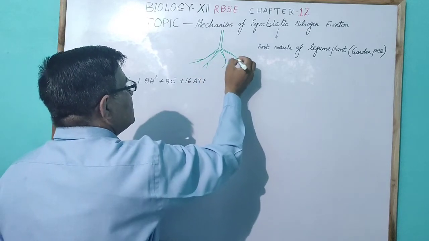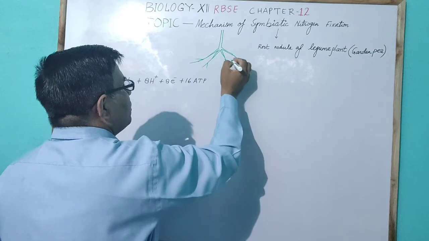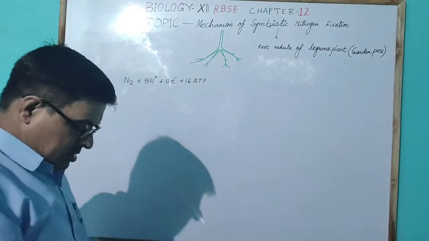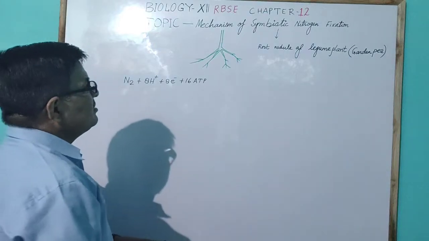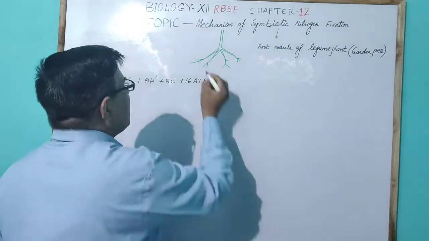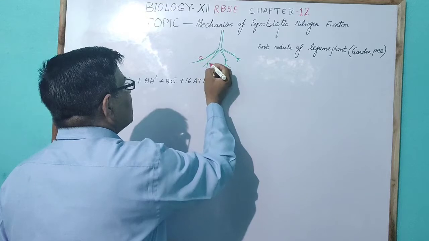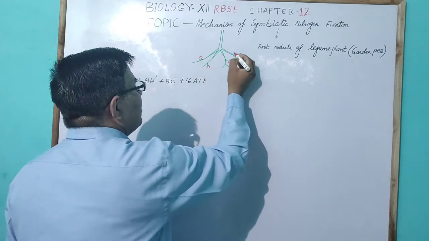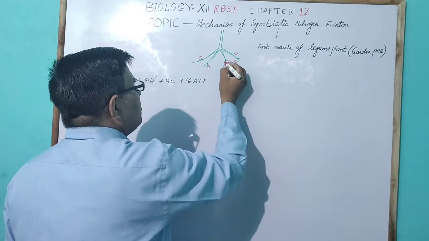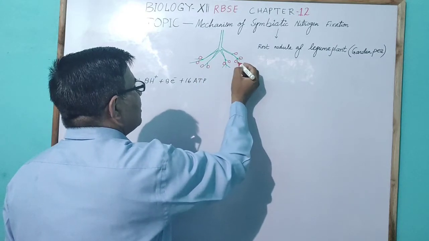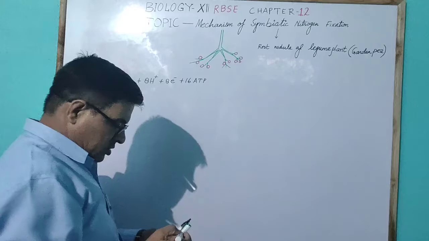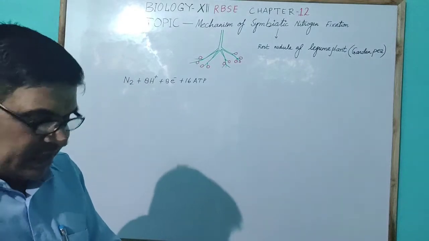Then it has the root nodules, which are generally present in the form of lobe-like structures in the root of the legume plant.